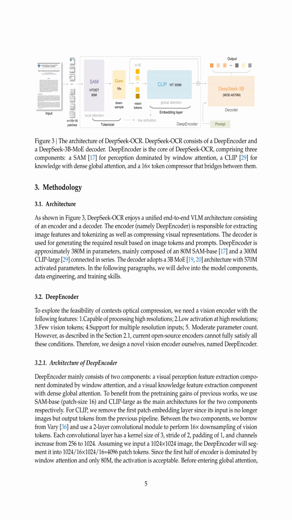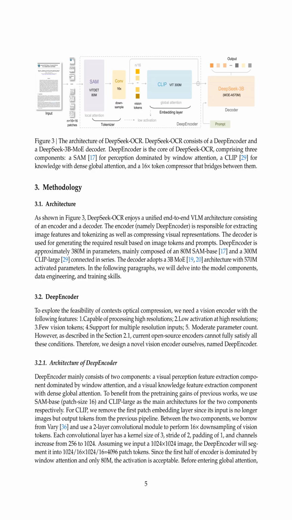3. Methodology. 3.1. Architecture. As shown in Figure 3, DeepSeek-OCR enjoys a unified end-to-end VLM architecture consisting of an encoder and a decoder. The encoder, namely DeepEncoder, is responsible for extracting image features and tokenizing, as well as compressing visual representations. The decoder is used for generating the required result based on image tokens and prompts.